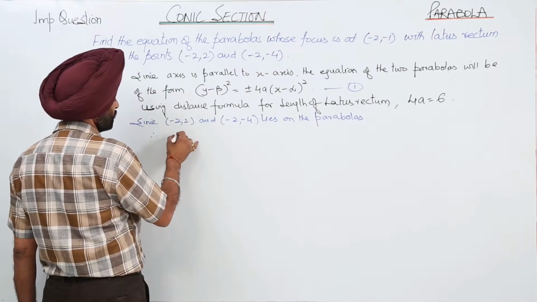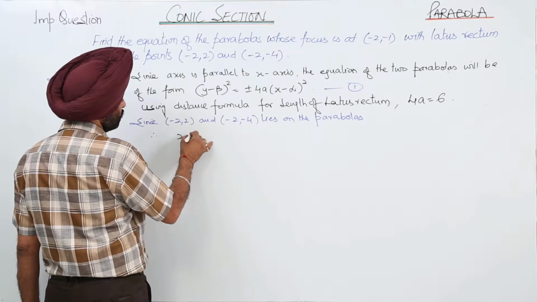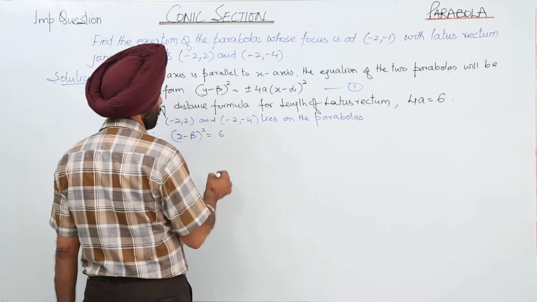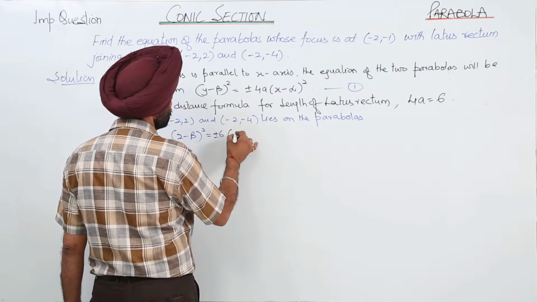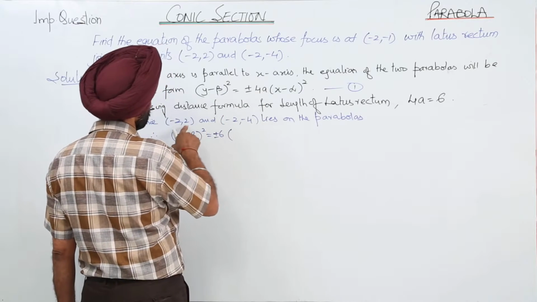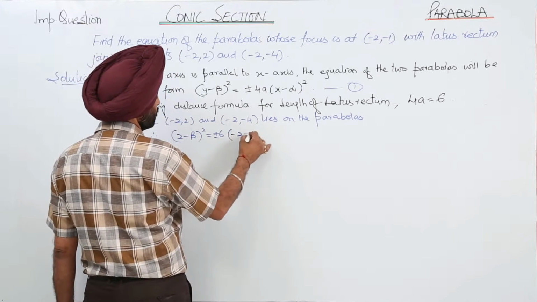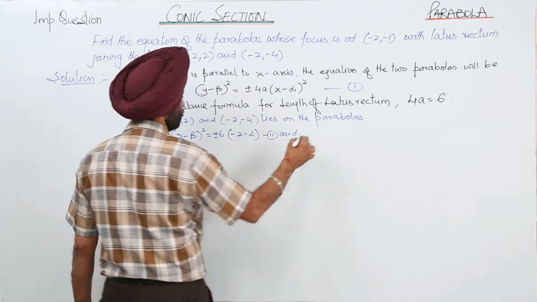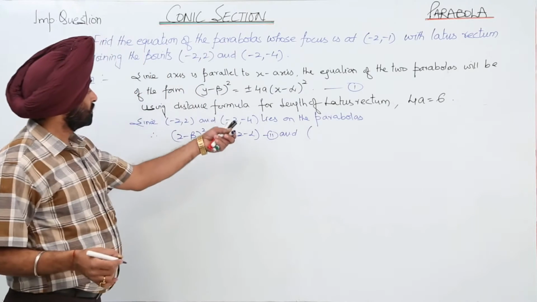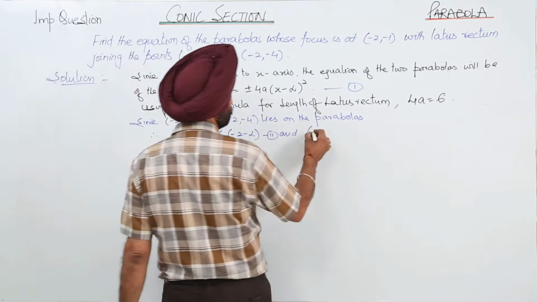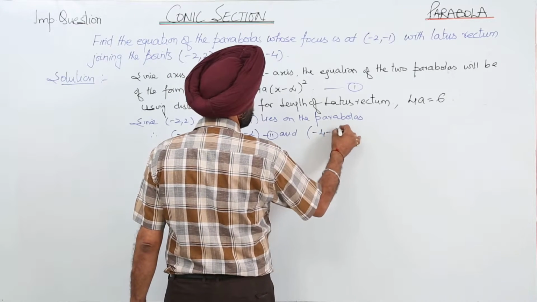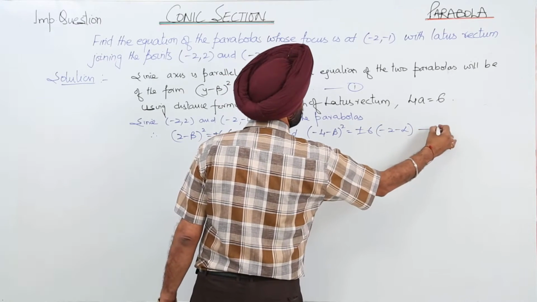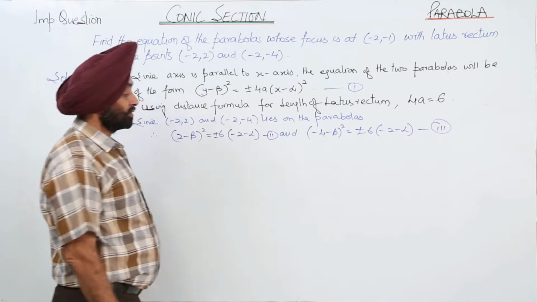Therefore, we can write (2 minus beta) whole square is equal to plus minus 6 (-2 minus alpha), and for the next point (-2, -4), (-4 minus beta) whole square is equal to plus minus 6 (-2 minus alpha). Let this be equation 3.